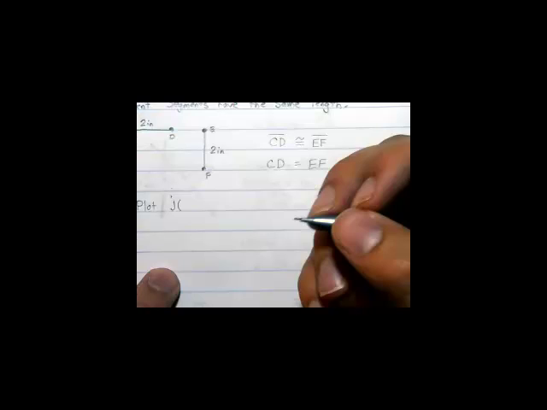Point J is at -3, 4. K is at 2, 4. L is at 1, 3. And M is at 1, -2.